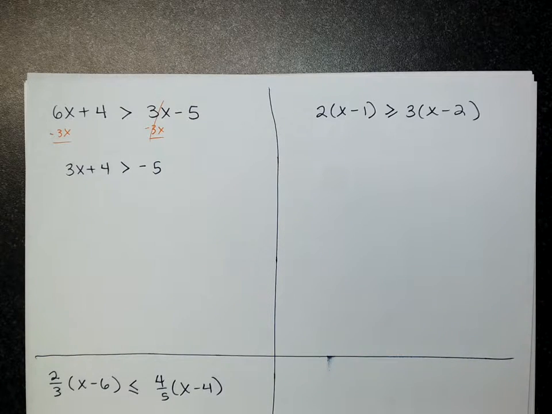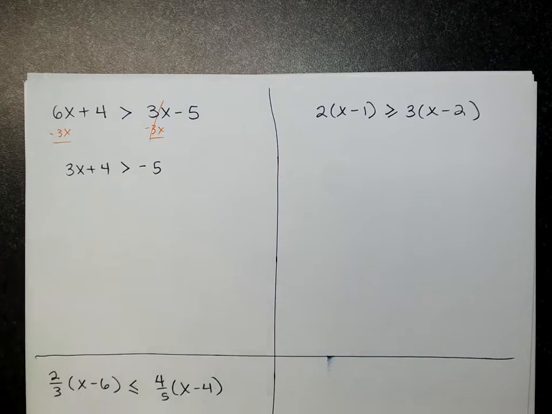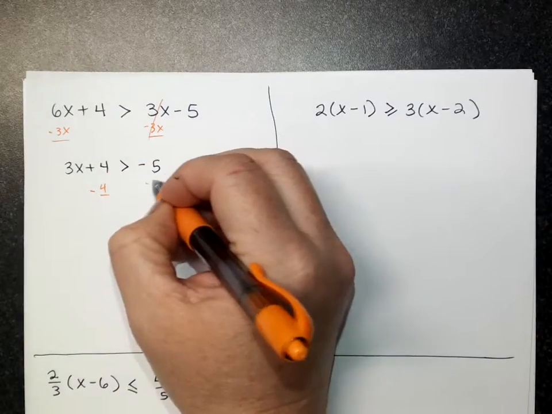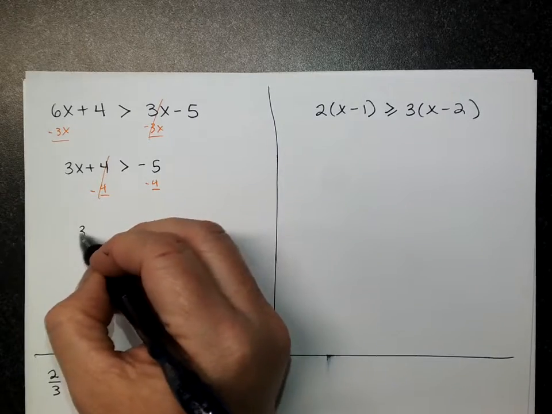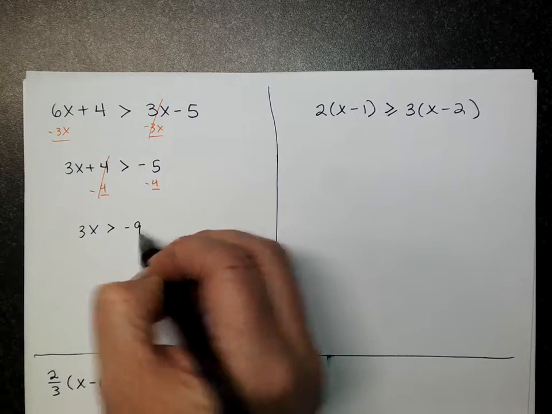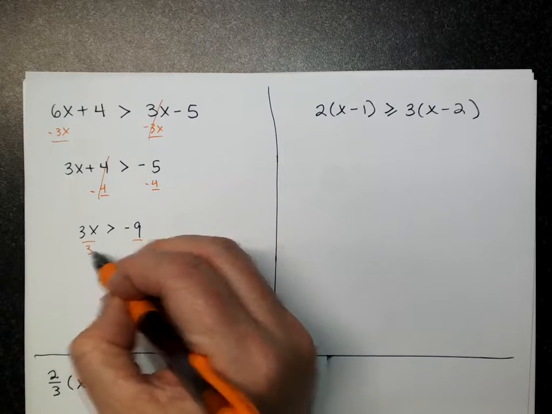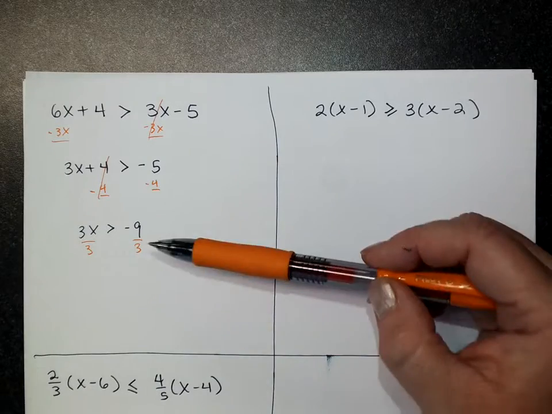Solving it just like it was an equation, though I made a point of moving my variable left. I would have done that anyway because it kept it positive, but even if it wouldn't, I'd still move that variable left. And second, move the constant right. Now I got 3x greater than -9.